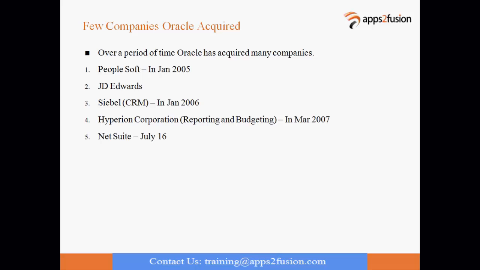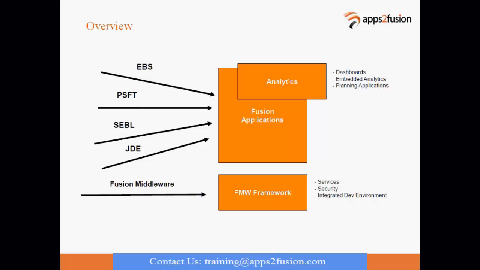So what Oracle did, over a period of time, is keep on acquiring all these ERPs, and they merged the best features of these products and named it Fusion applications. Oracle had its own ERP, E-Business Suite.